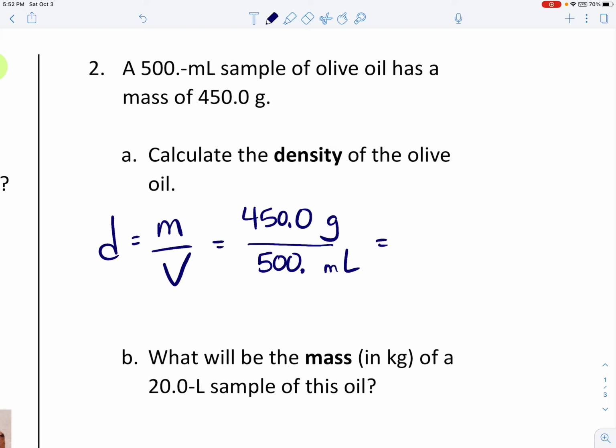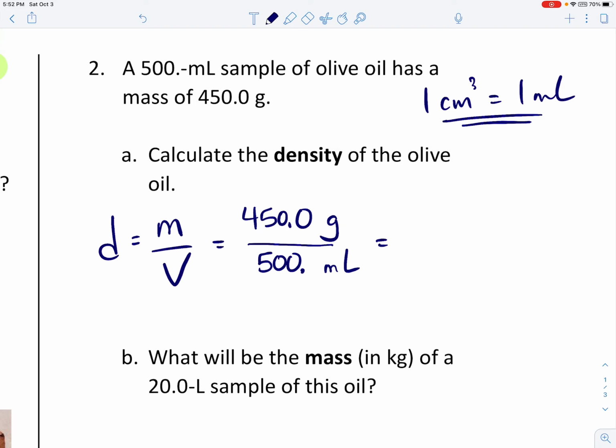For example, in chemistry, we sometimes talk about the density of a gas, and there it'll be grams per liter, usually. But in grade 9 science or grade 11 chemistry at the beginning of the course, we'll use grams per milliliter or grams per cubic centimeter, keeping in mind that 1 cubic centimeter is the same as 1 milliliter. Those are the same things, just different names.